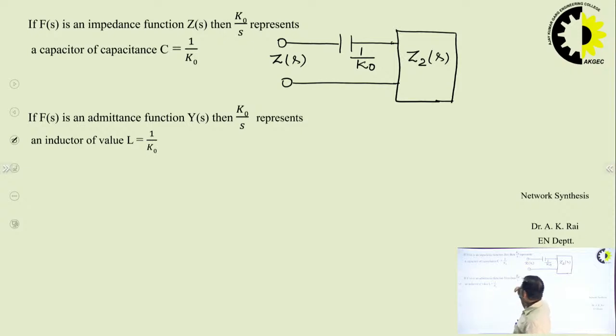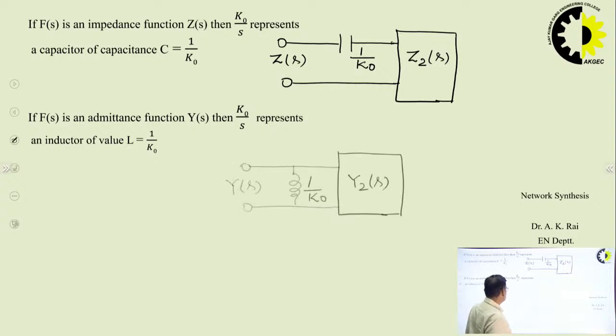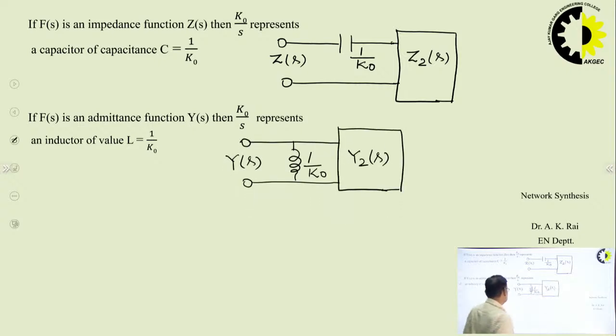So, what we have seen is that if you are removing a pole at origin and if the function is impedance, we are separating the capacitor. If your function is admittance, we are separating the inductor. So, this is the schematic of the 1 by k inductor, and then further we can decompose Y2(s).